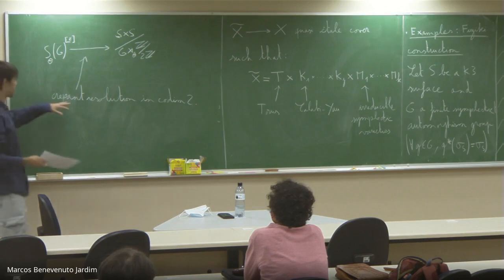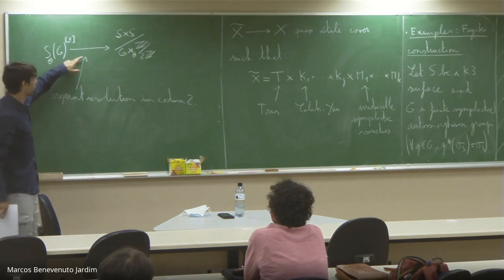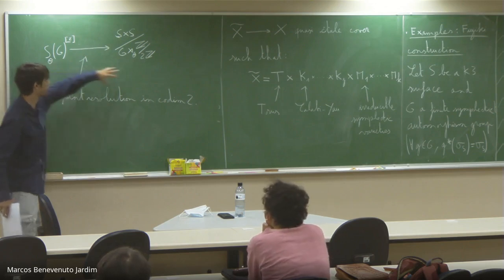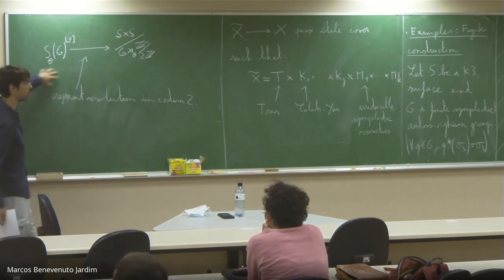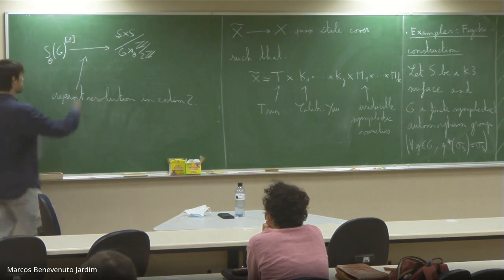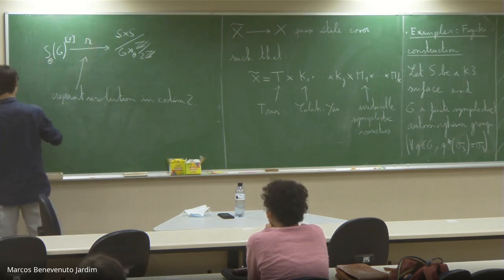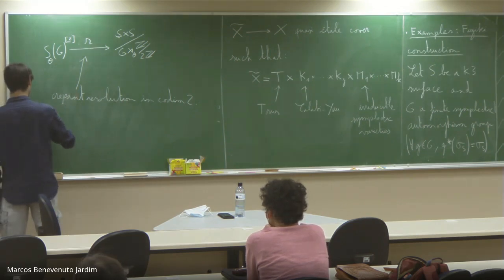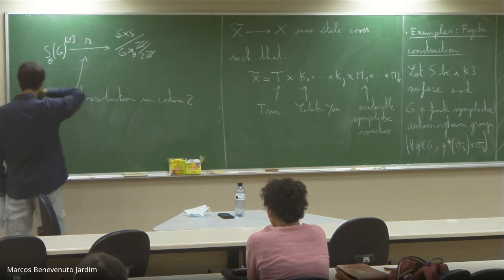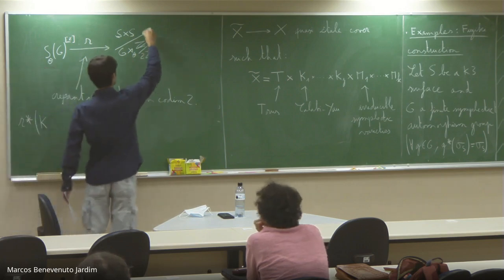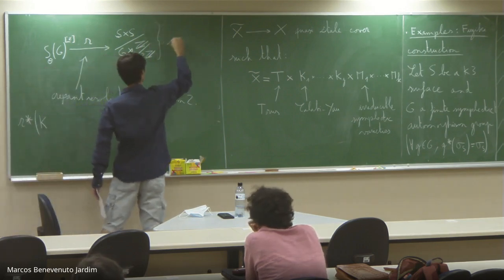Crepant resolution, what is it? It means that the holomorphic two-form will still be non-degenerate. So crepant: I have the pullback of the canonical bundle. I call this X.